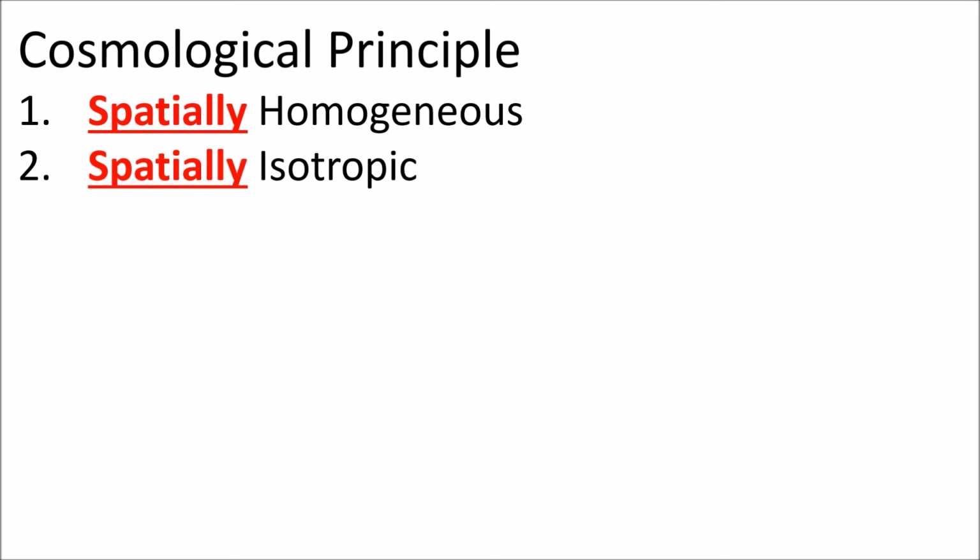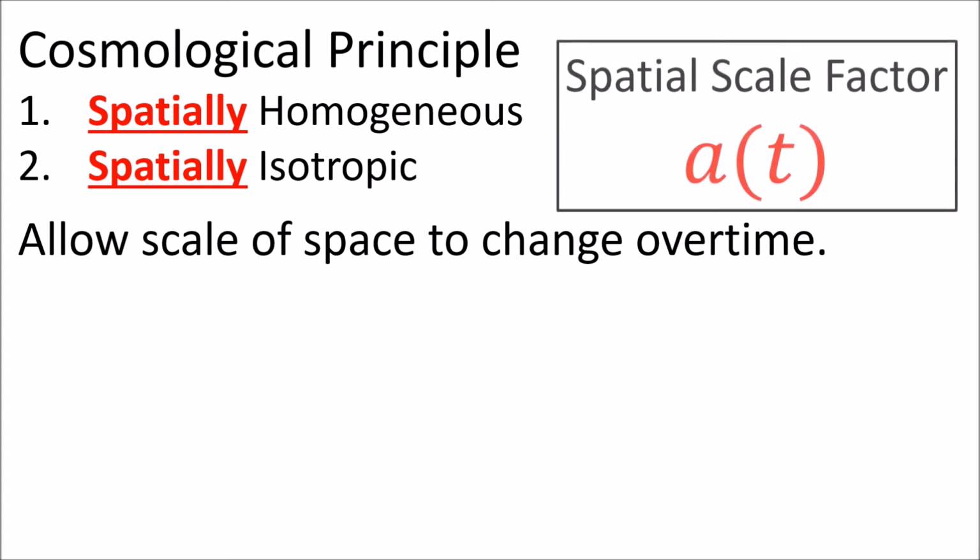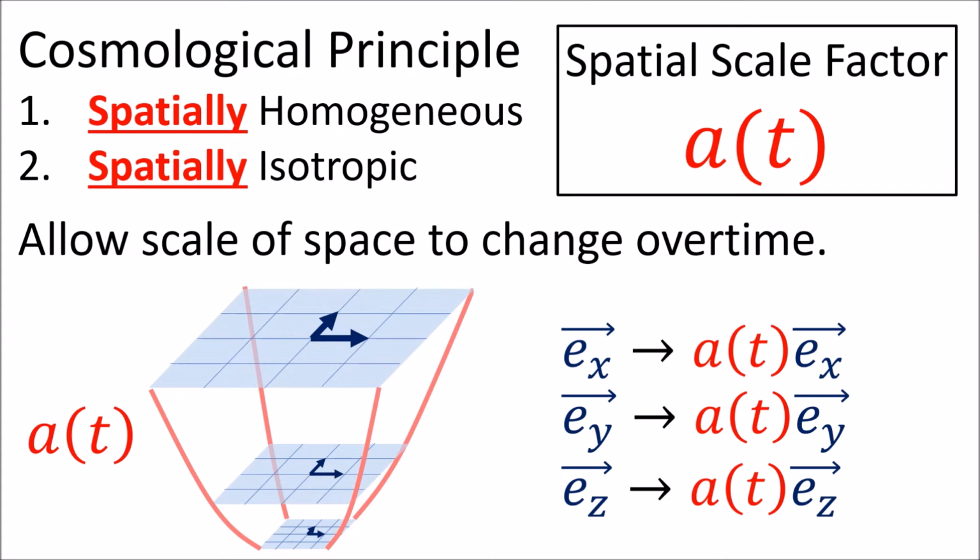Well, notice that the cosmological principle says that the universe is spatially homogeneous and spatially isotropic. It doesn't say that the universe is the same over time. So according to the cosmological principle, we can allow the scale of space to change over time. We do this by scaling space by a factor a of t that depends on time.